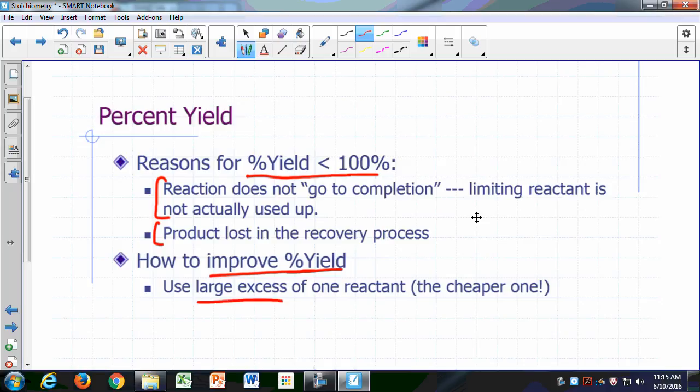You'll learn more about why that's the case when you get to a lesson on chemical equilibrium and Le Chatelier's principle. But the idea is if you use a very large excess of one reactant, then you tend to get a higher percent yield. And since you're in the business of making money, you probably want to use the reactant that's cheaper. Okay, use a large excess of the cheaper reactant.